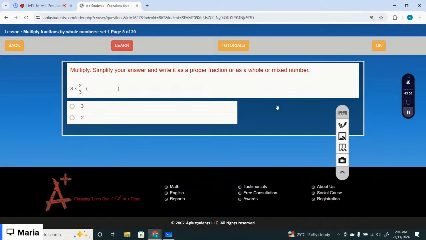Yes, the correct option is 2. Option number 2 is the correct option.